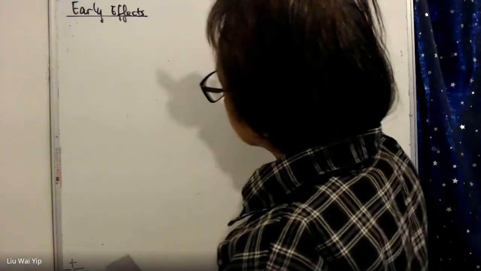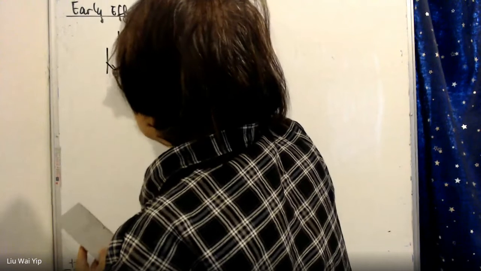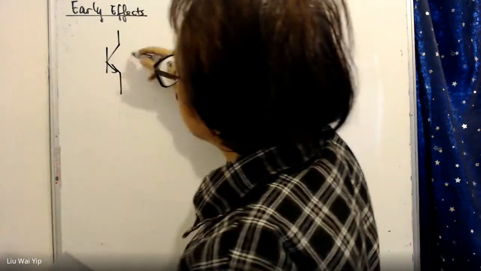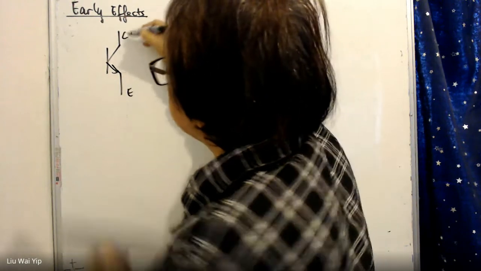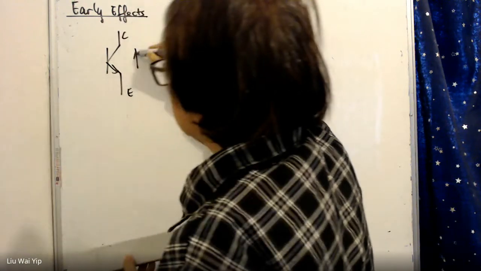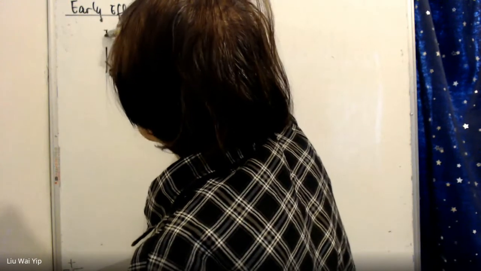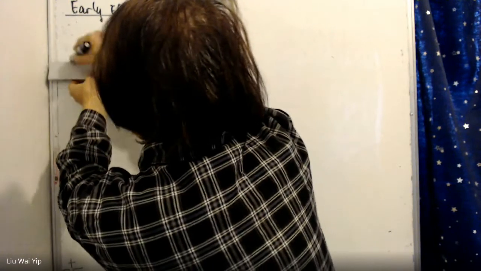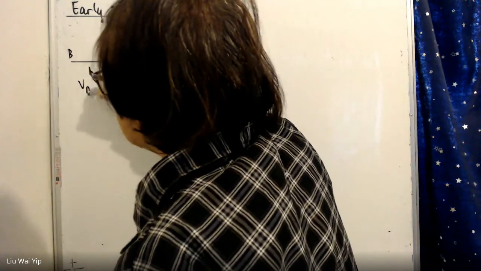Before going forward, let's recall what we have learned. We have learned the symbol of the transistor, and we know the voltage VCE is here, and the current IC, and we have the base, and we know the voltage VBE.